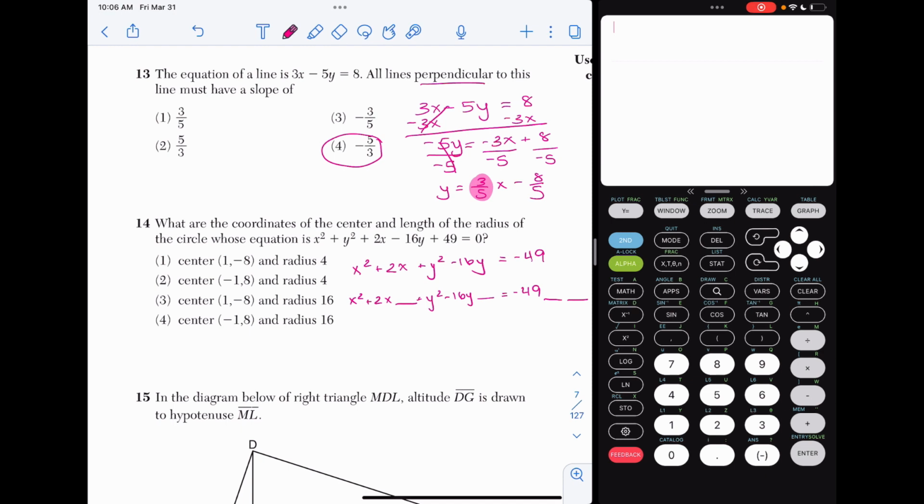To fill in those spaces, I need to look at these coefficients, the +2 and the -16. And in order to complete the square, I'm going to cut each of those numbers in half and square them. So when I cut 2 in half, I get 1. 1 squared is 1, and I write +1. Make sure you put a plus in there, not just a 1, but a +1.